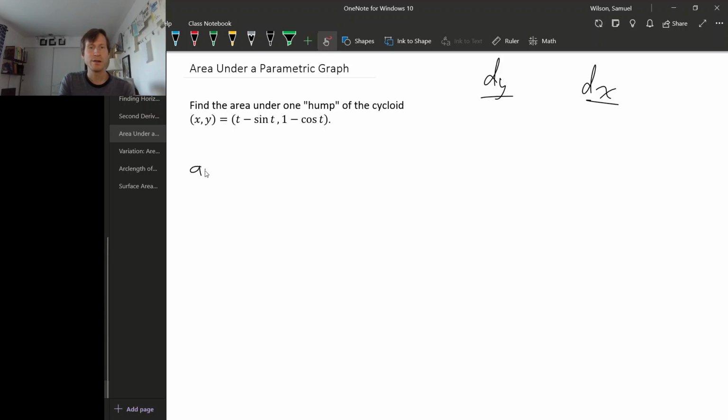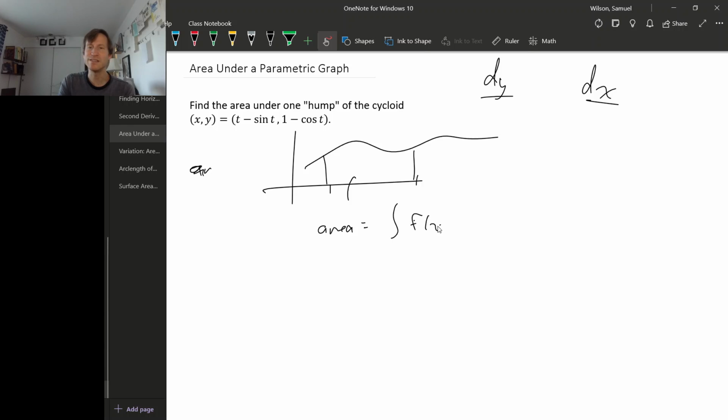Anytime we had a graph, whatever our bounds were, to find an area, what we did was we integrated f of x dx. But the reason that we were integrating f of x is because this was a graph of y equals f of x.